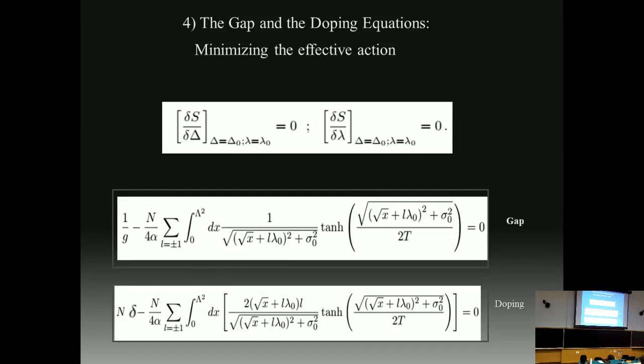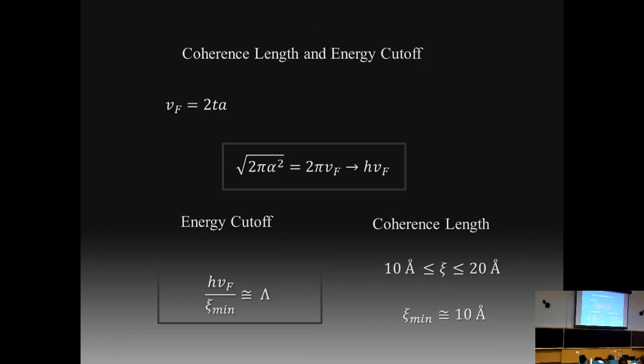And then we get this gap equation and the doping equation, minimizing with respect to delta and lambda respectively. The superconducting order parameter is proportional to delta 0. So in order to find the Tc, we put delta 0 equal to 0. And then we work with these equations.